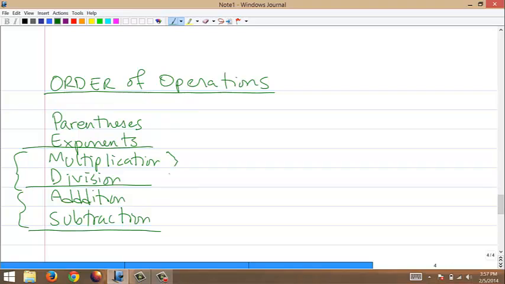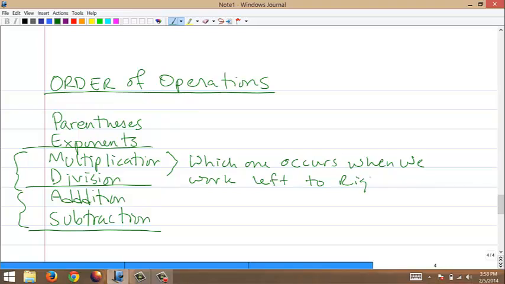What actually determines which one you do first is which one occurs first when we work left to right. So a division can be done before multiplication if, when we start on the left and work the problem to the right, that division came first.